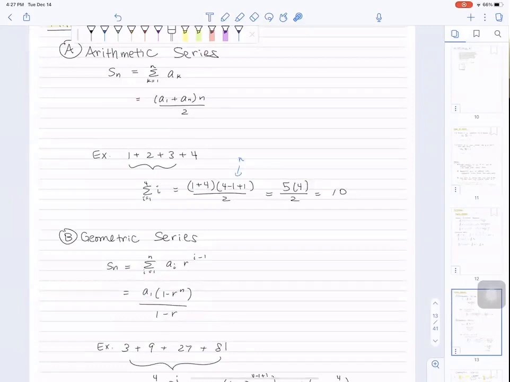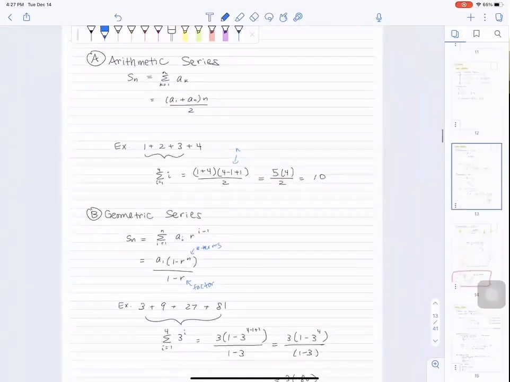It's your first term times 1 minus r, the factor you're multiplying by, to the power of n, how many terms you have, over 1 minus r. So these are always the formulas that you use.